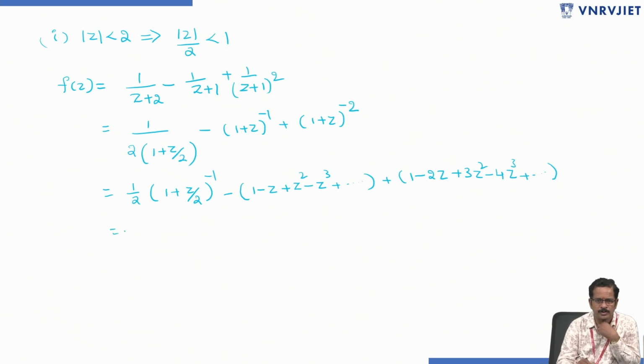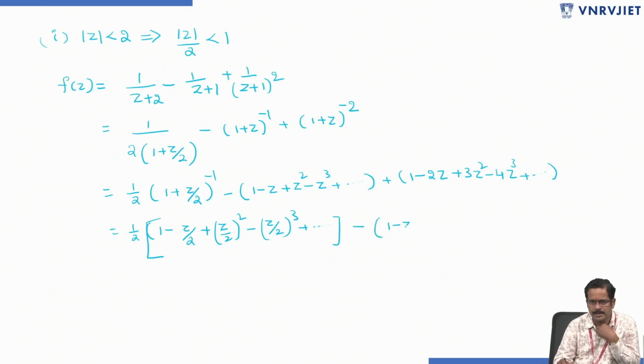Okay, so which is equal to 1 by 2 into 1 plus z by 2 whole power minus 1, which means 1 minus z by 2 plus z by 2 whole square minus z by 2 whole cube plus and so on, minus 1 minus z plus z square minus z cube plus and so on, plus 1 minus 2z plus 3z square minus 4z cube plus and so on.